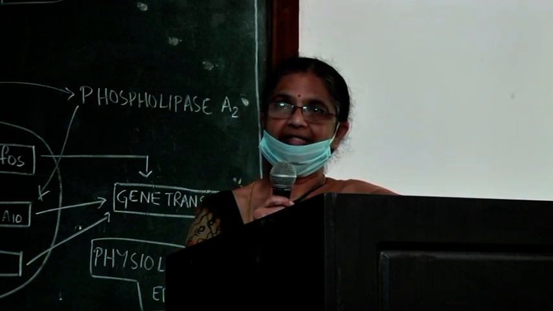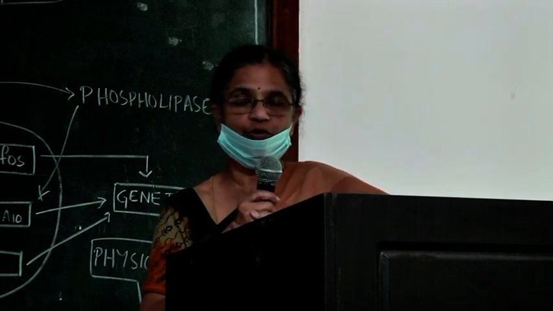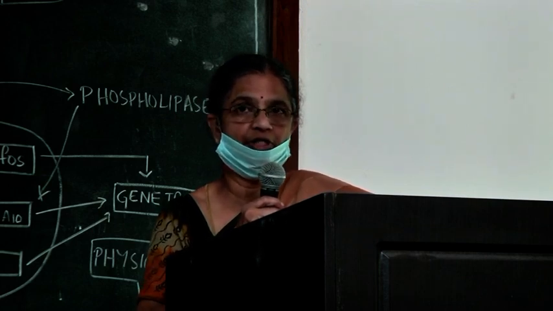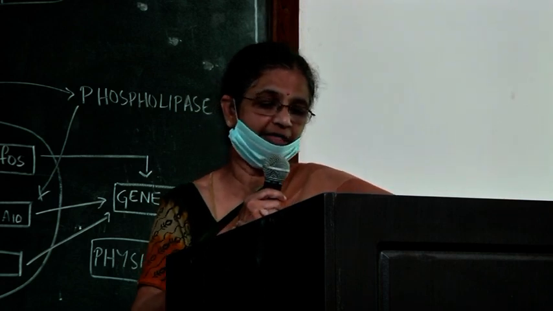Gigantism. Gigantism is the condition of increased growth hormone secretion before the epiphyseal fusion with the shaft of the bones. So, this is happening before the fusion of the epiphysis with the shaft of the bones. That is why there will be enormous increase in the length of the individual, that is the tallness of the individual is very high. That means he can grow even up to 8 feet height.